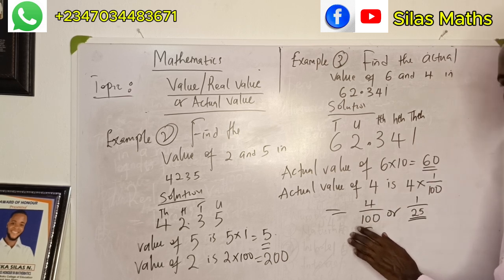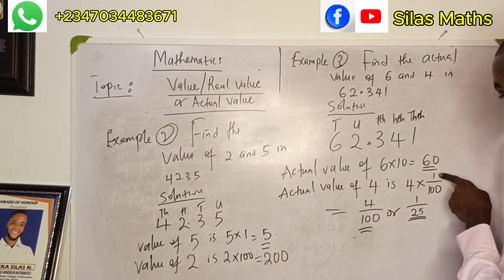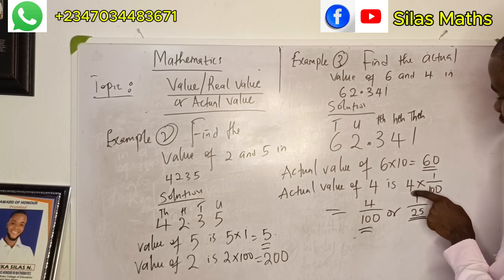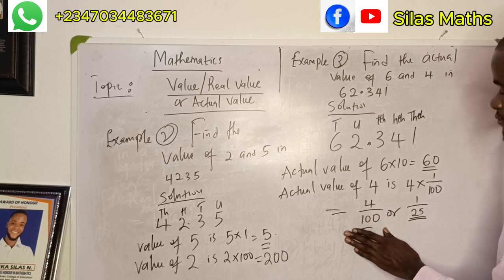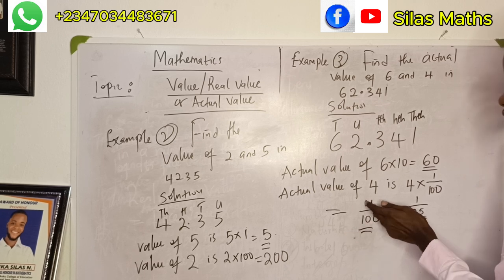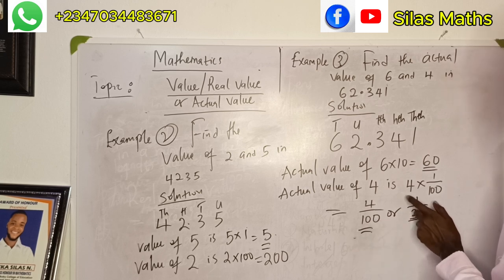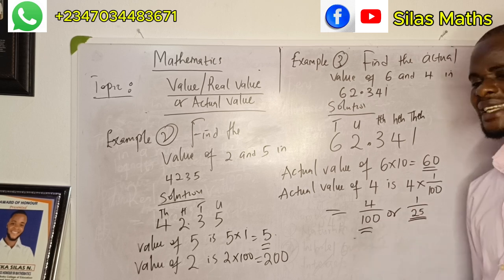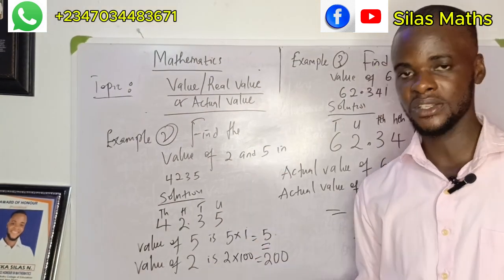You can write this one, since you know how to do the multiplication. 4 times 1 will give us 4 over 100. And reducing it further, 4 into 100 will give us 25. That's why I have 1 over 25. So that is basically how we find the value of digits in a number.